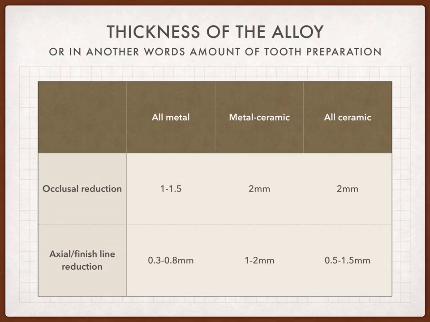Secondly, the resistance form is the form of the restoration that will retain the restoration to the tooth against the rotational forces or horizontal forces or oblique forces, which is gained by having the thing that is opposite to the Pepsi bottle or Pepsi head, which is the long and narrow with minimal tapering and proximal grooves and boxes and pinhole preparations that will prevent the rotation of the restoration and its displacement.